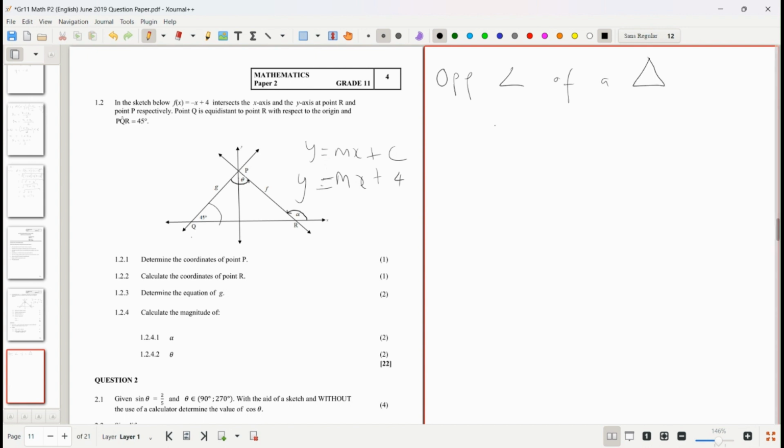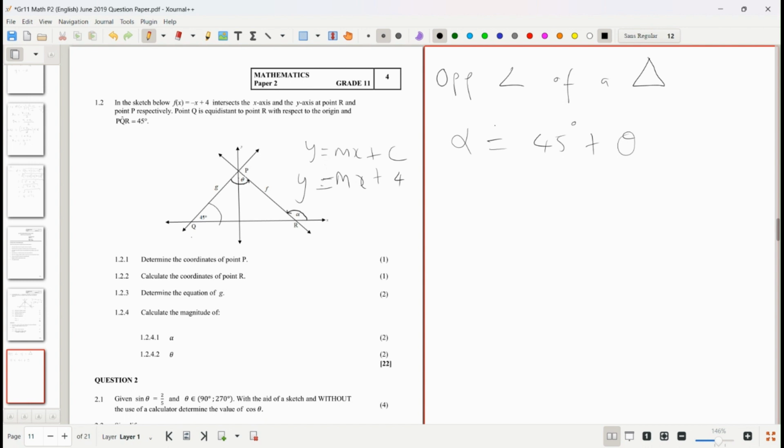What do you know about this rule? You know that alpha, this one, will equal to the sum of these two angles, which is 45 and theta, right? We already stated the reason. The reason you can also write it here, okay? So it's very important to state the reason. So it will equal to 45 degrees plus theta, the alpha.